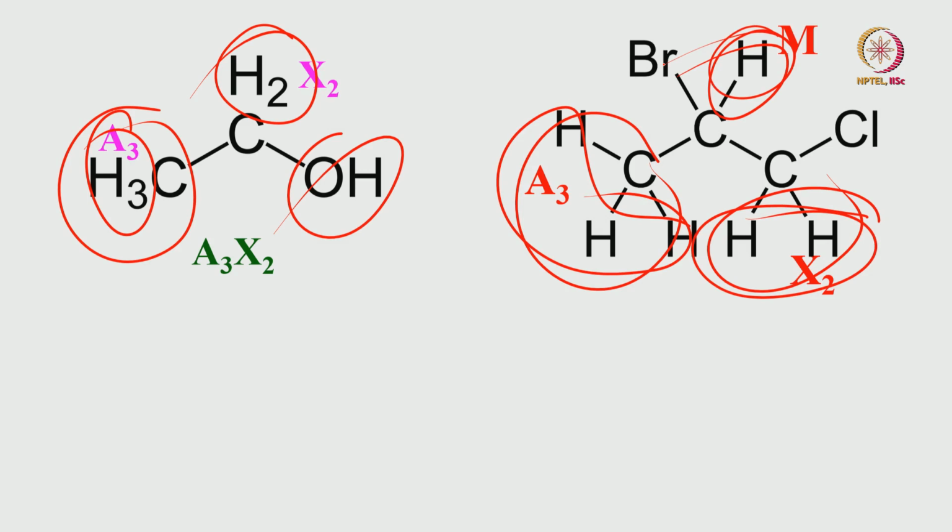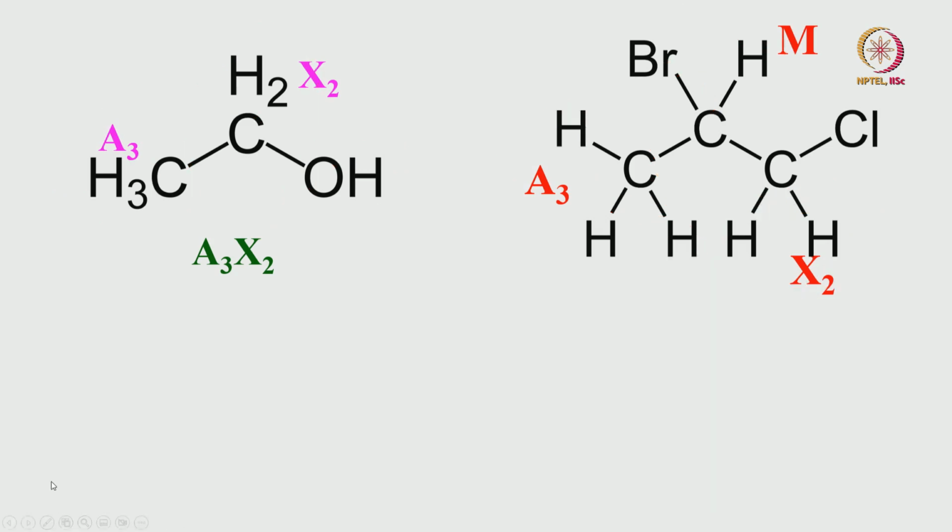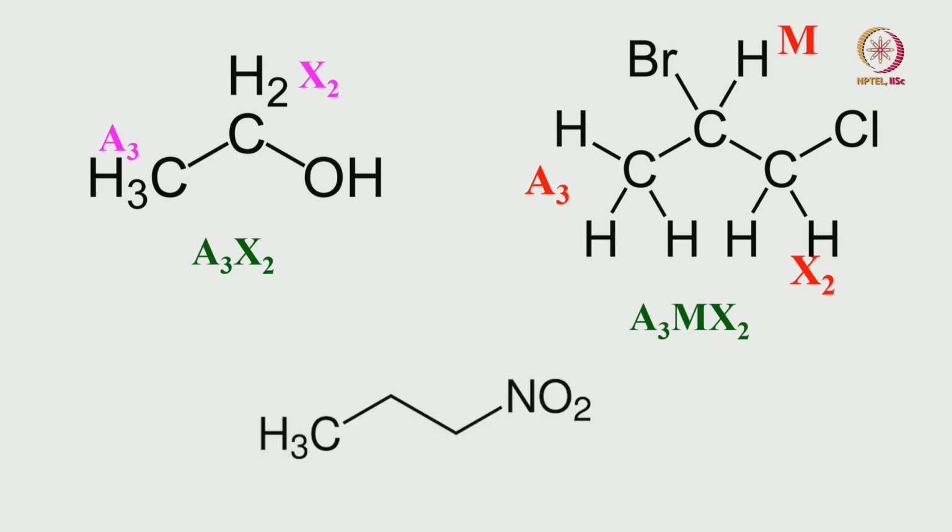You call this an A3MX2 spin system. What about this molecule? There is a CH3 group, a CH2 here, and a CH2 here. Assuming they are far apart and weakly coupled, I call it an A3M2X2 spin system.